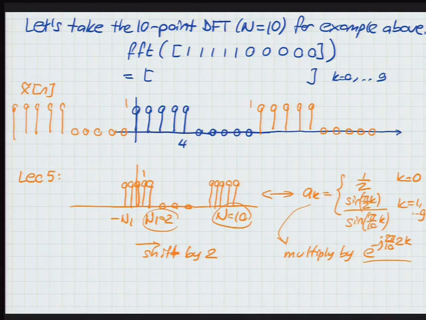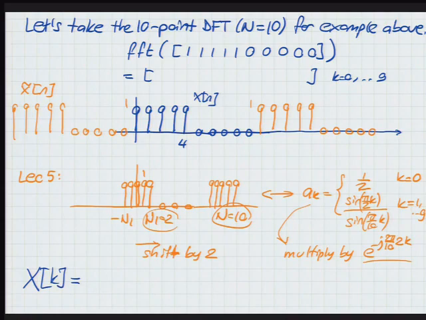So doing that, I now have an expression for x of k. This was our x of n. So x of k, by leveraging the connection to the discrete Fourier series, all we have to do is multiply by n.